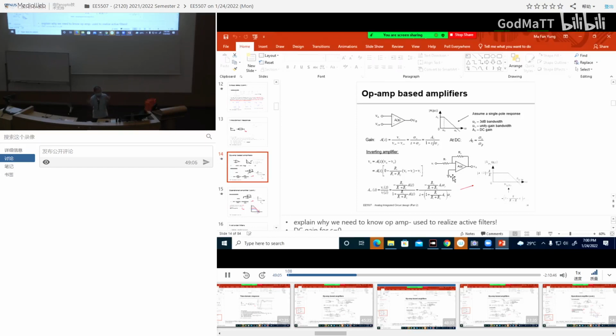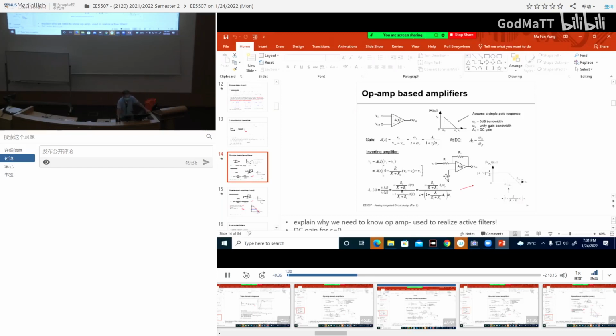Ideal meaning what? What's the op-amp gain? Infinity, right? Very high. No mismatch, no offset, nothing. That means infinite gain and no offset, which means that this point and this point are the same, what we call the virtual ground.